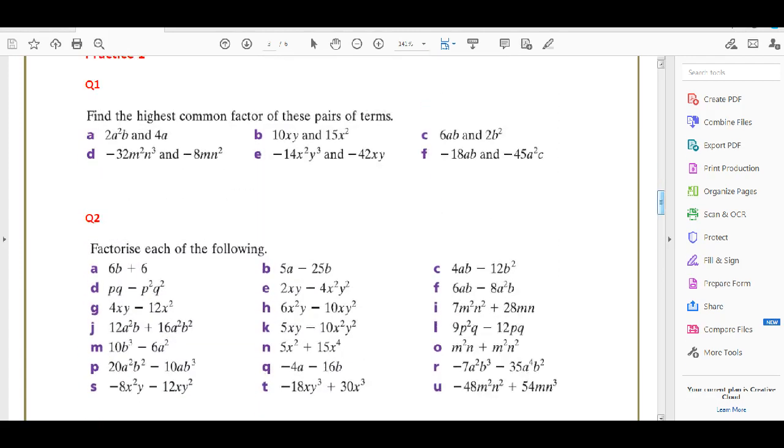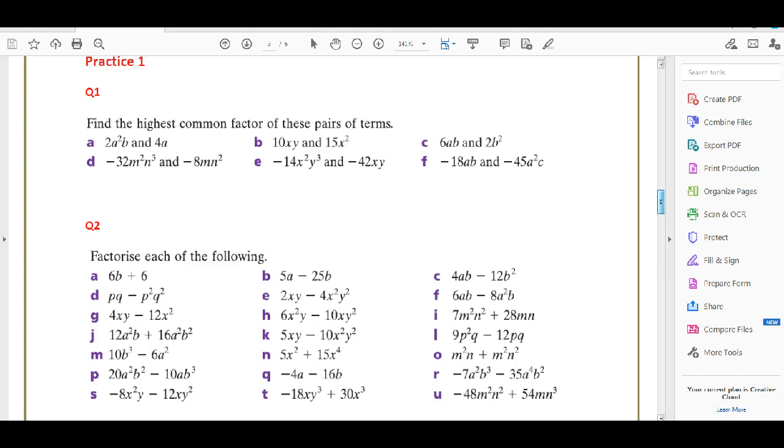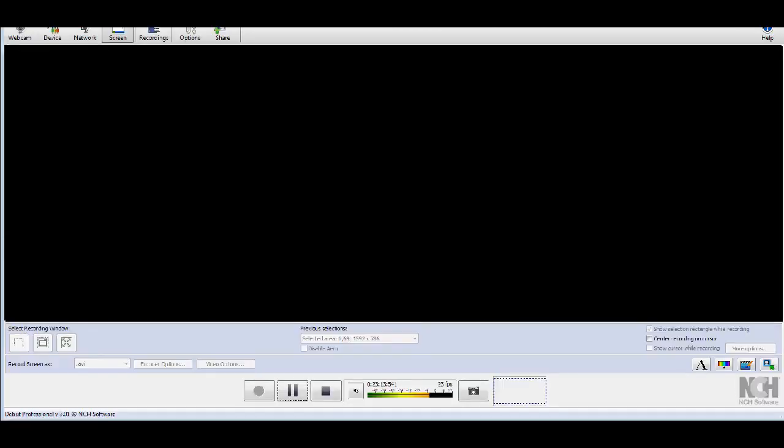Before you move on, you need to at least do the first column of all the questions and make sure you understand, and then you move on. Otherwise, it will be really difficult because we are going to expand our ideas of HCF and taking out common factors. We are going to expand the concept. So please do try the practice before we move on.